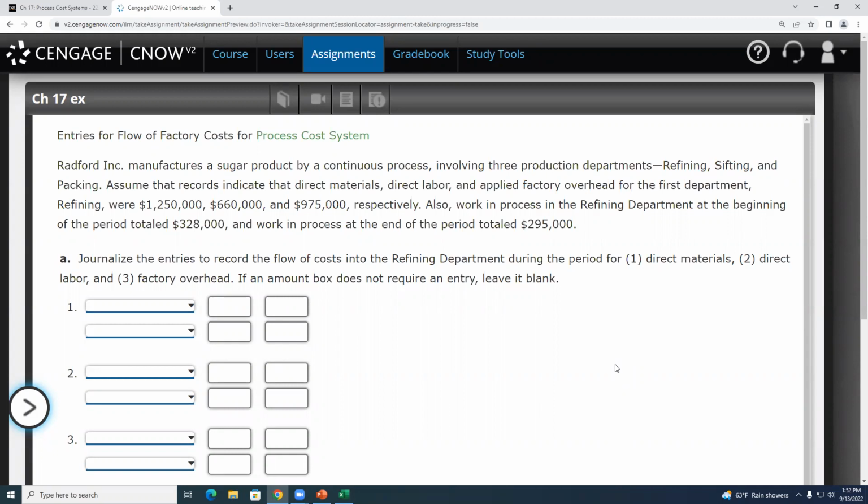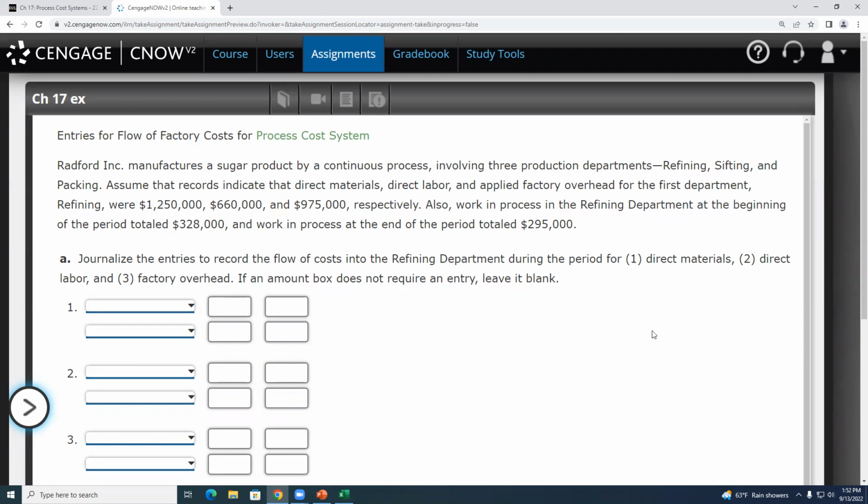And so what you see is the flow of costs, not just going from materials to work in process to finished goods, but it might go through 3 separate work in process accounts in sequence before it gets to finished goods. Again, just as an example.